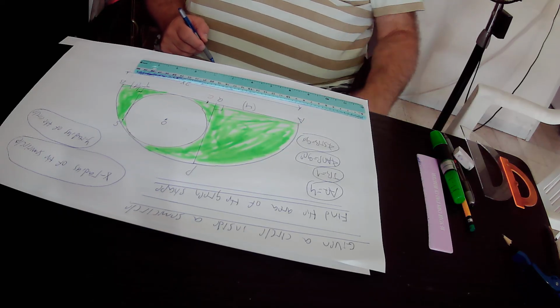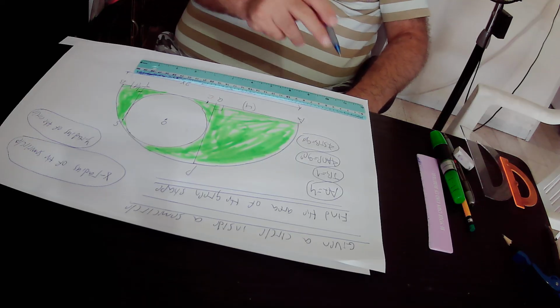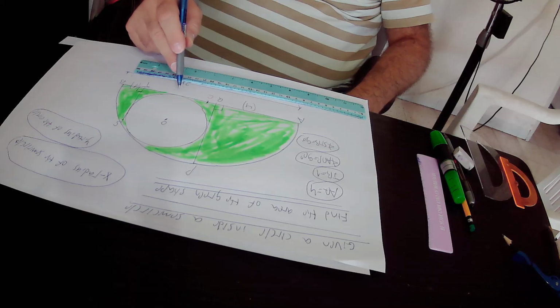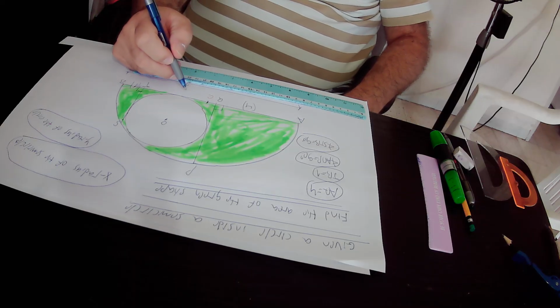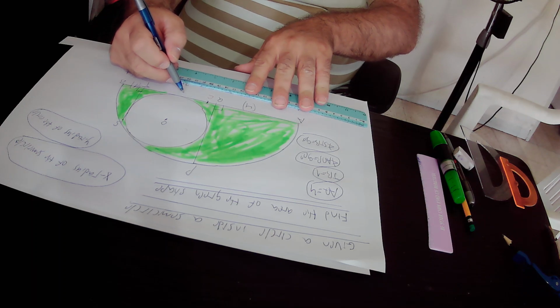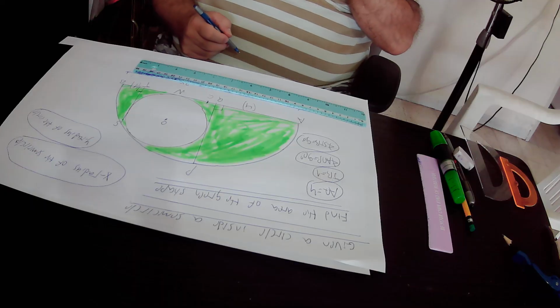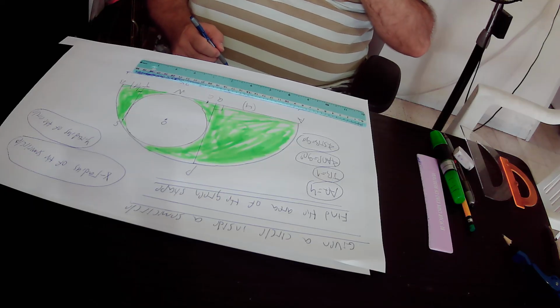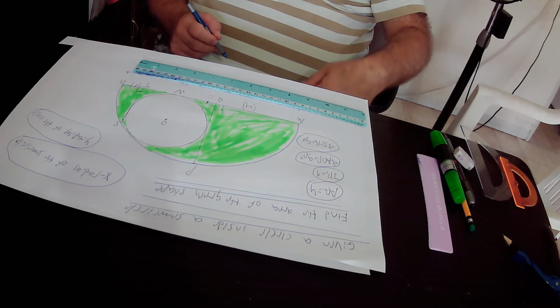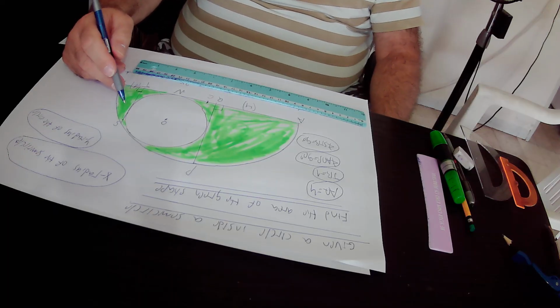We define the point of tangency of tangent AB with this small circle. This point is point N. We define the point of tangency of tangent ST with this small circle.